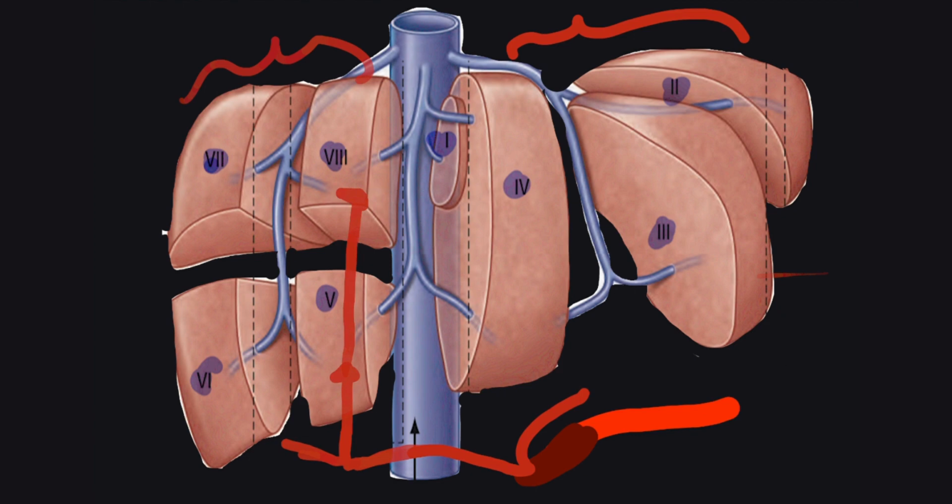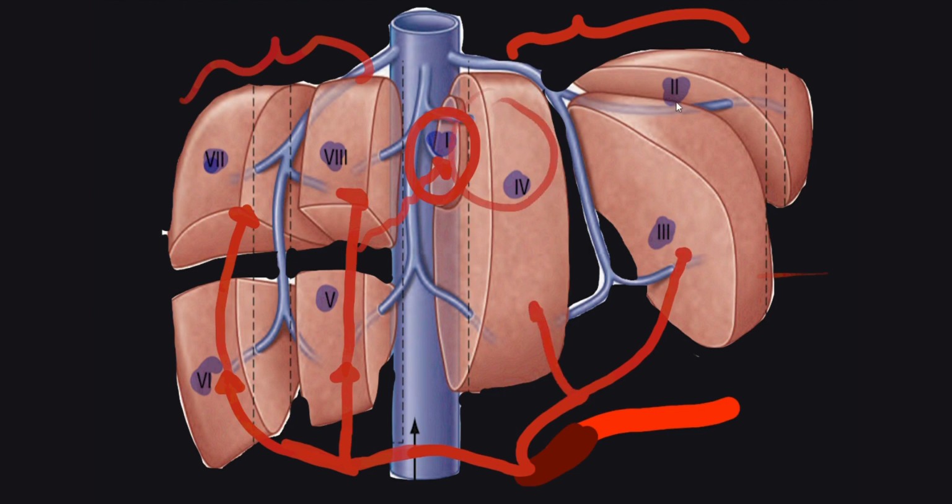Some part of it, though not really common, diverges and also supplies segment one, the segment one right here. The posterior branch is going to supply the sixth and the seventh. That being said, there's a similar bifurcation of the left one, out of which the anterior and the posterior are going to be supplying the segments respectively.